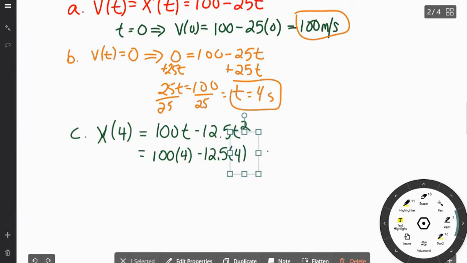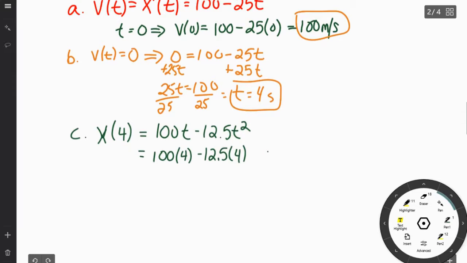So 100 times 4 is 400 minus 12.5 times 16, and we get an answer of 200 meters. So it's going to launch up to 200 meters.